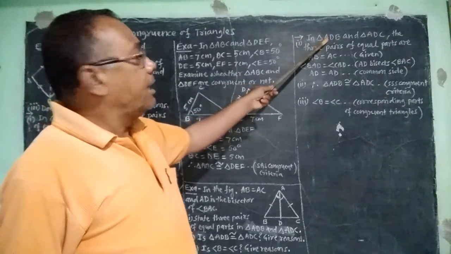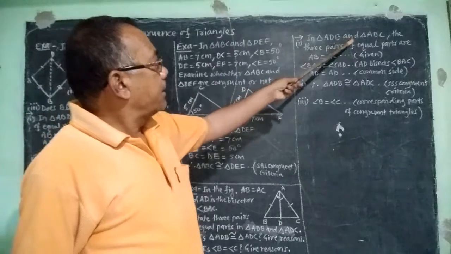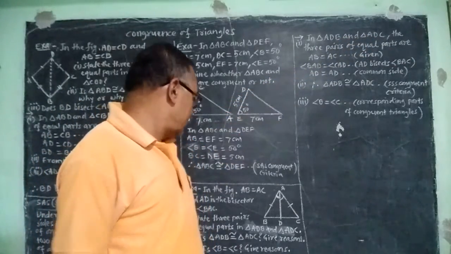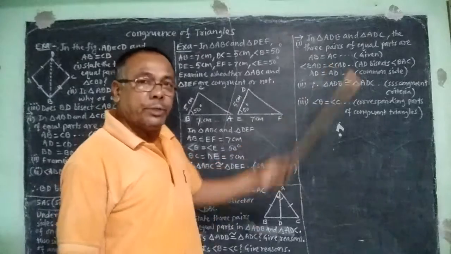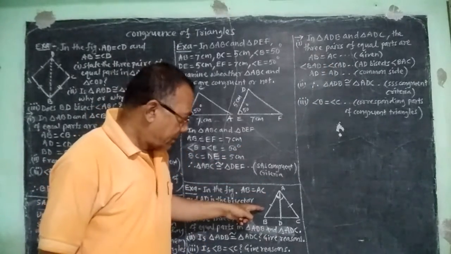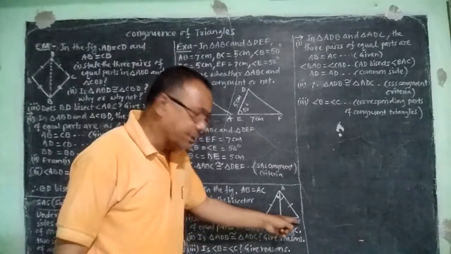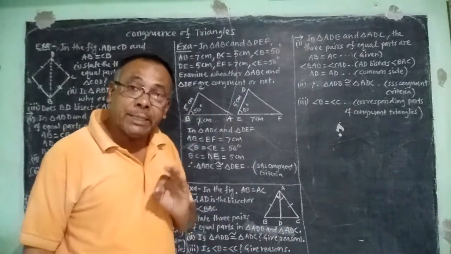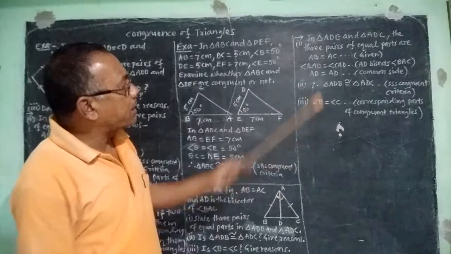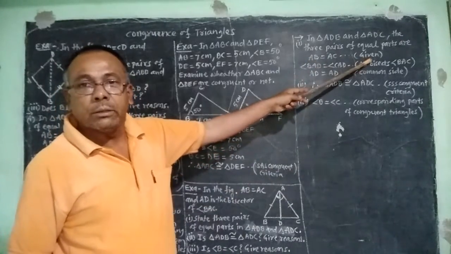Now we will see that in triangle ADB and triangle ADC, the three pairs of equal parts are: AB equal to AC. Here side AB of triangle ADB and side AC of triangle ADC are both equal, because this information is given in the question. So we will write the reason: given.